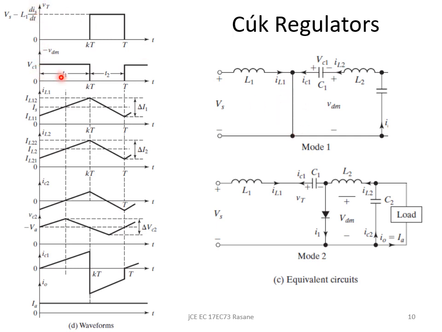Now coming to the next diagram, this is your VDM, that is another switch. We call it an uncontrolled switch. During the turn on period of the transistor, DM is going to be off, with the polarity of Vc1. So it is going to have a voltage of minus VDM. You have to take a reverse voltage because it is off, and it will be subjected to the voltage across this capacitor.